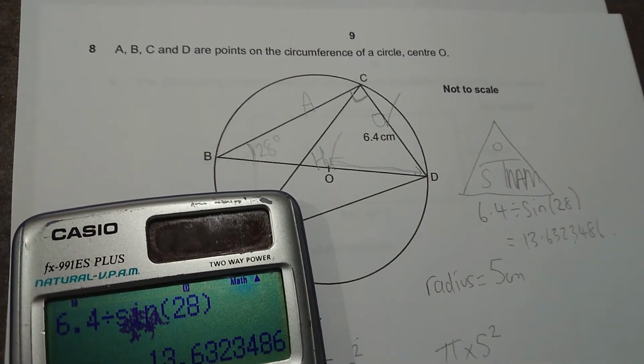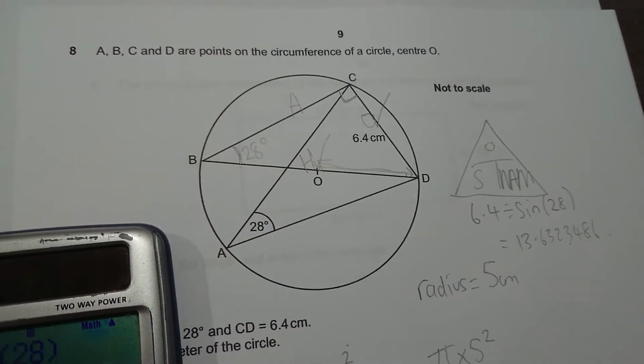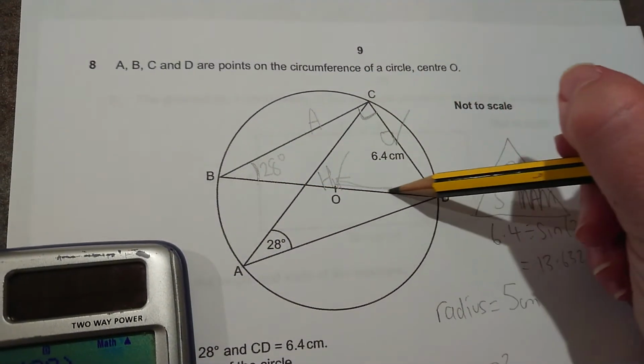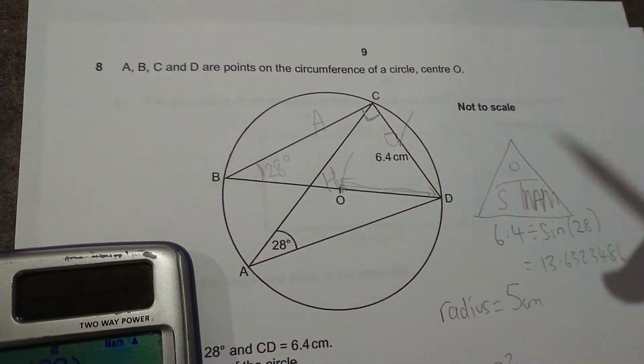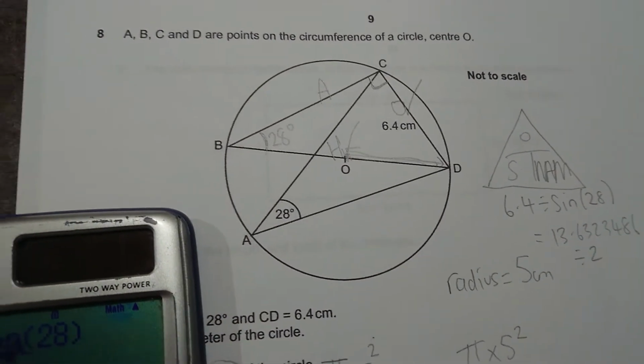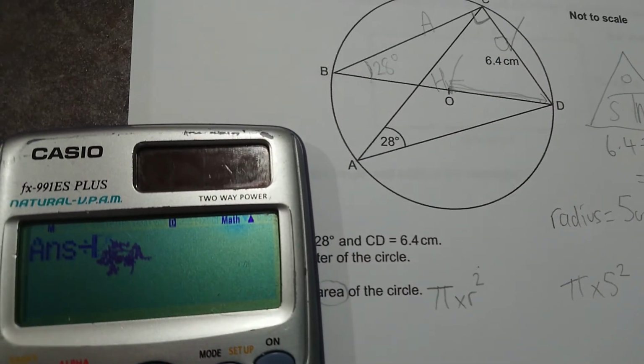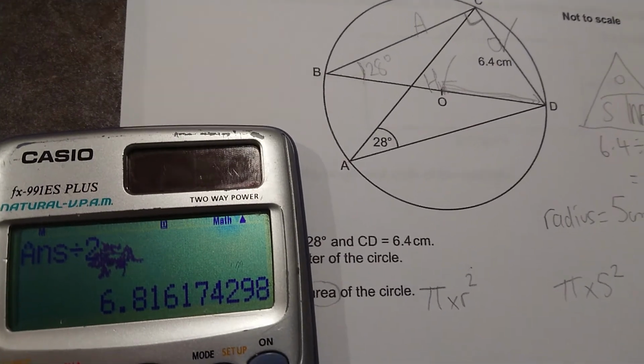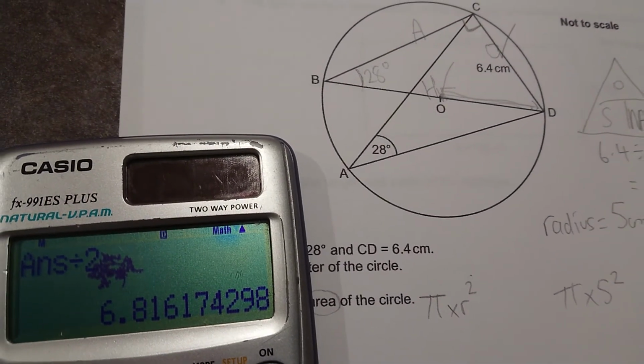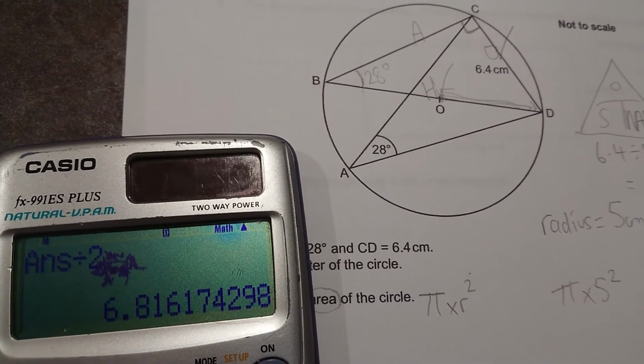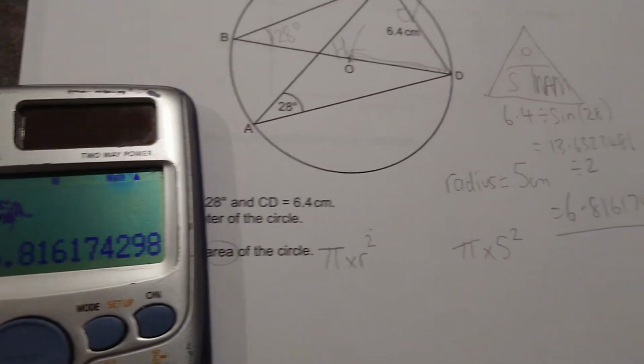Don't round anything yet because we're not at the end. So that's going to give me the whole thing. I just want the radius, so I'm going to half that. So it's already saved on my calculator, so divided by 2. So that equals 6.81617428. So that is my radius.